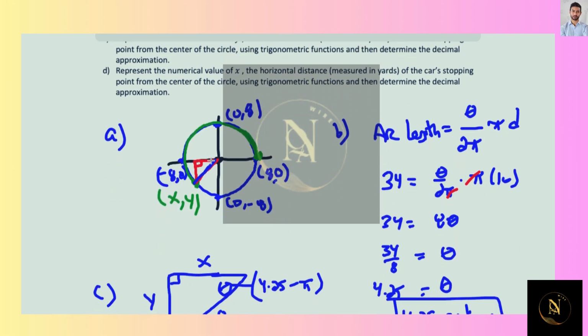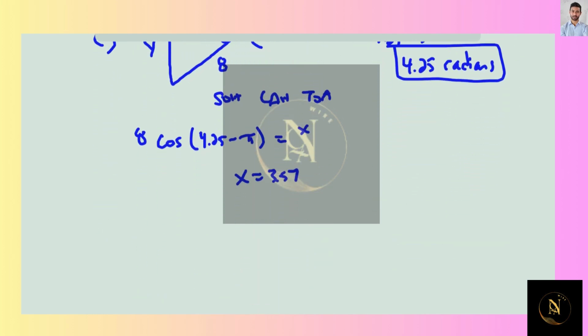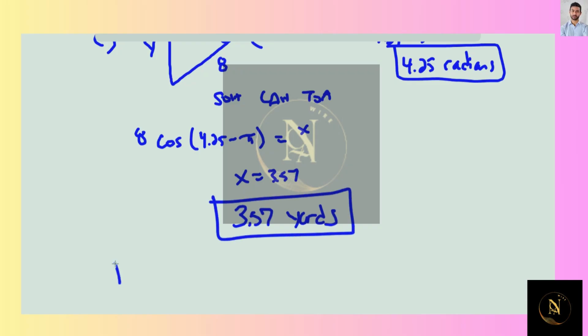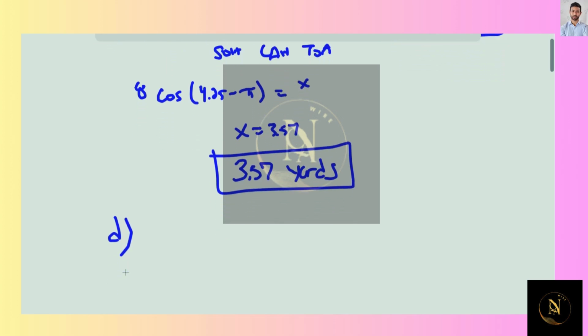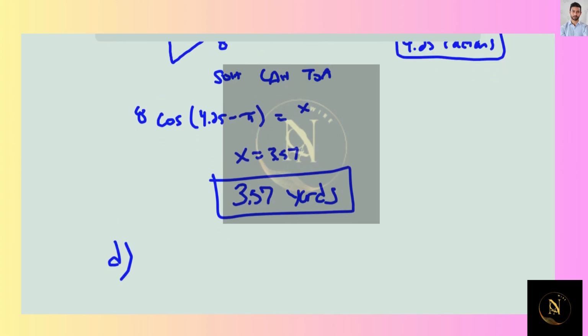They would both be negative though based on this position. I would just say 3.57 yards. And for D, I'm sorry, I actually just answered D.